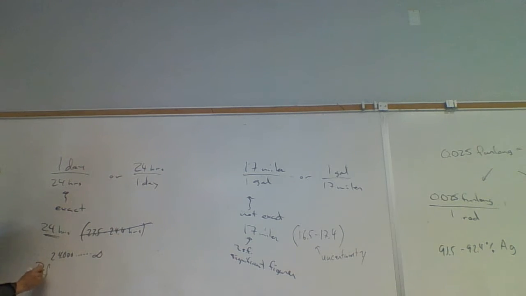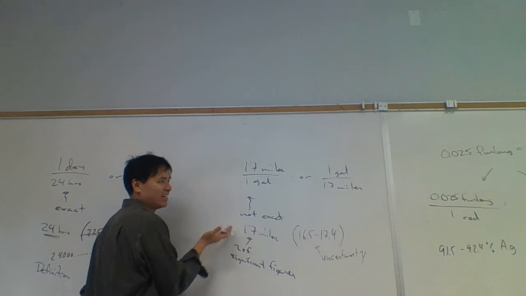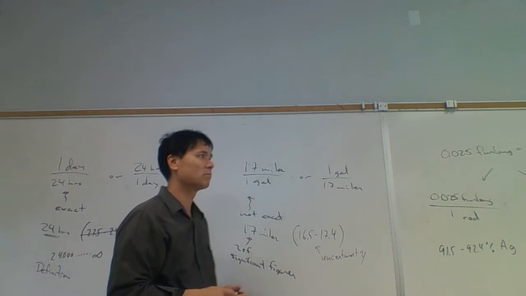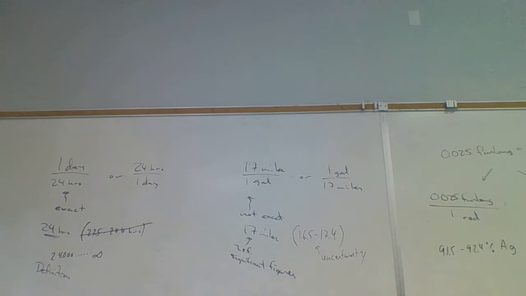So this is a definition. However, when we're looking at the average miles per gallon, that's not by definition. This is an inexact number. And therefore, this one has no uncertainty, it's exact. This one has some uncertainty, it's not exact. Just like sterling silver.